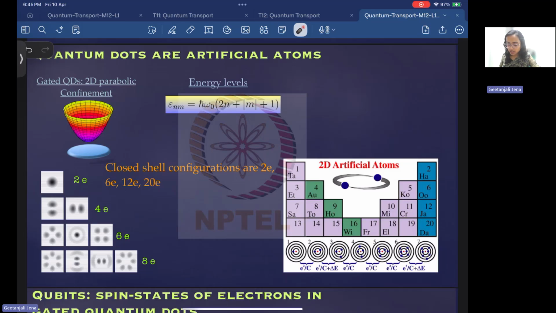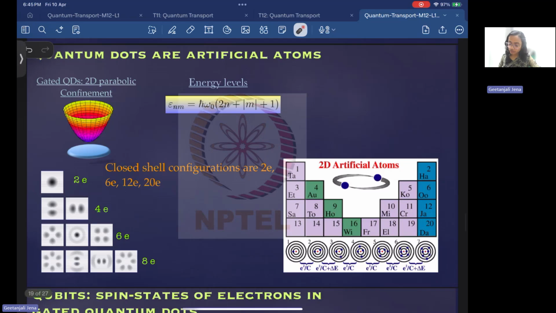So quantum dots are nothing but artificial atoms, which we have already seen earlier. For gated quantum dots in the few electron regime, we have a parabolic confinement, and we can express the energy levels of these gated quantum dots by this expression.